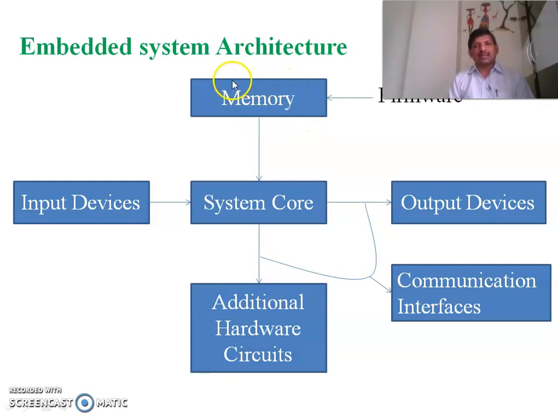We can use any one of these memory devices in our embedded system design to store the instructions. We can use SRAM or DRAM or FRAM as the primary memory, or we can use masked ROM, OTP, EPROM, EEPROM, flash memory or NVRAM for storing the instructions.